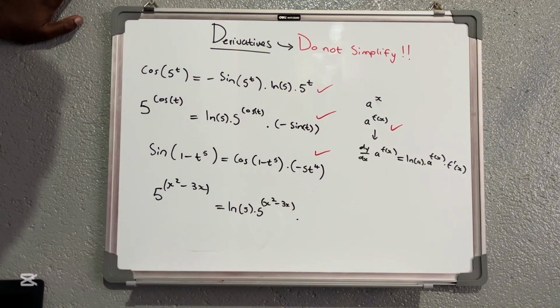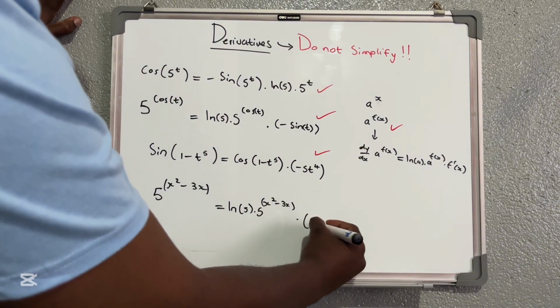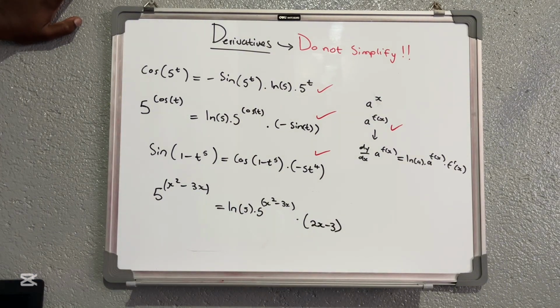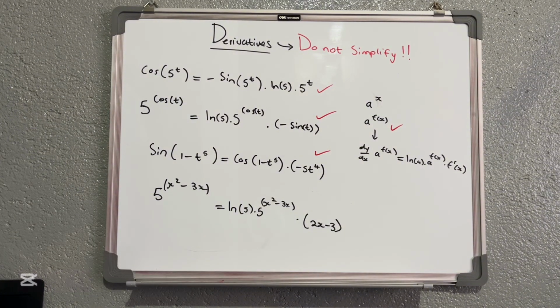Then we differentiate what's on the internal side. What's going to be left? We're going to be left with 2x minus 3. It's the derivative of what's internally, which is that part.